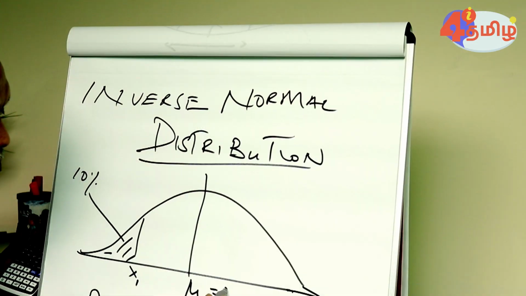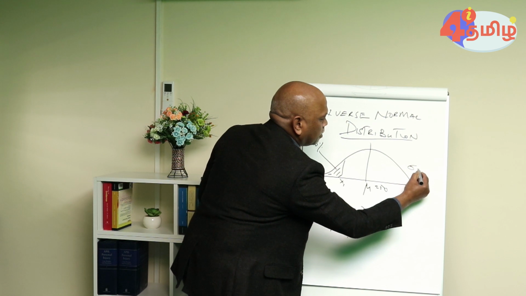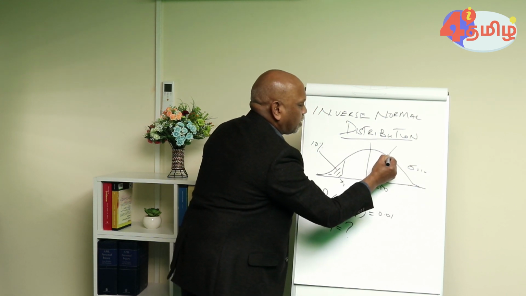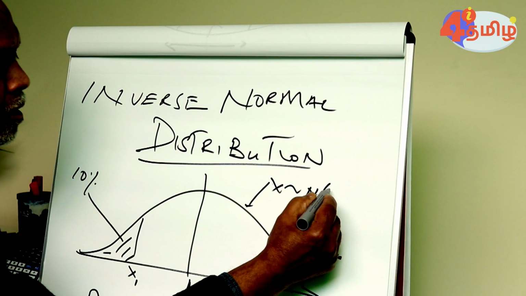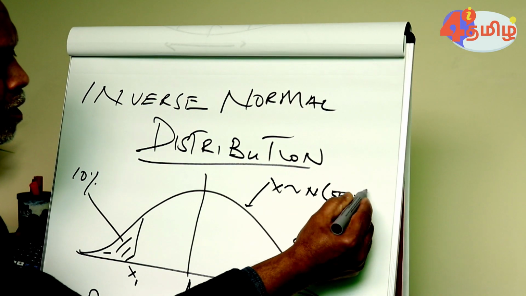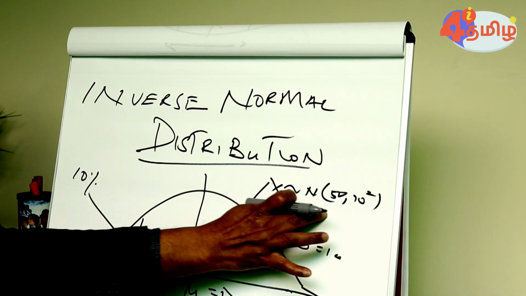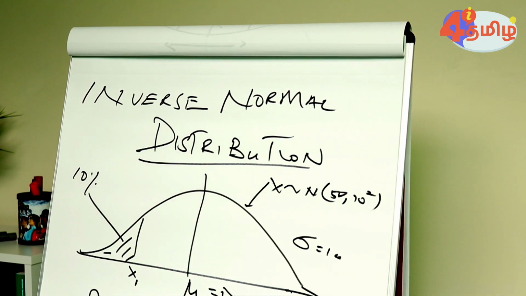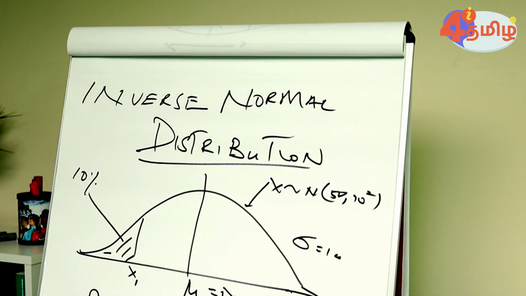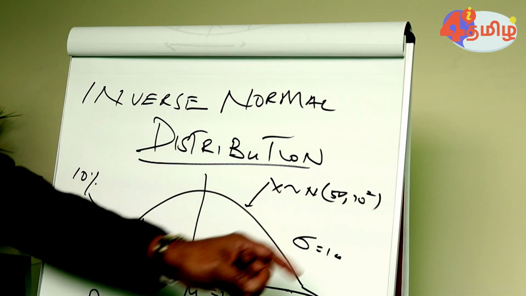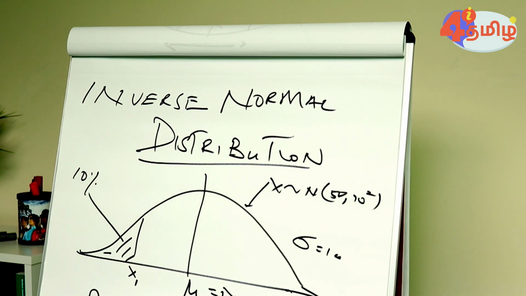We started with the same example: standard deviation is 10, so you can write X corresponds to N(50, 10 squared). Always write that. It gives you the full picture of what you are dealing with: the normal distribution, mu is 50, and the standard deviation. It gives you almost everything you need to know.